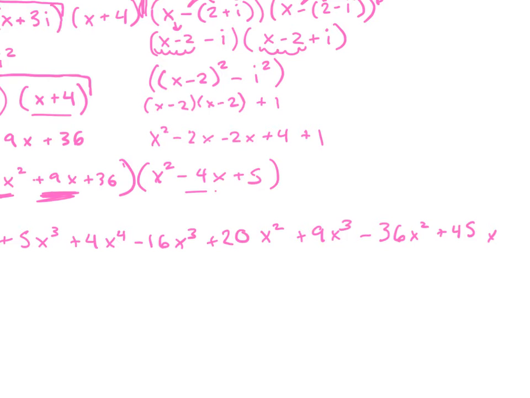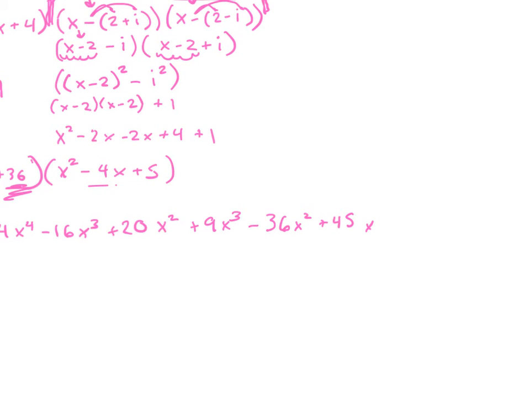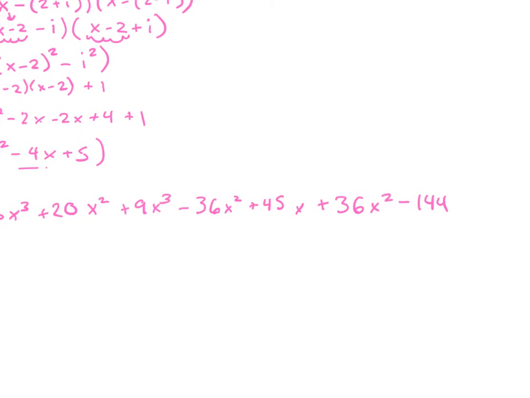So 36 times x squared is 36x squared. 36 times negative 4x would be negative 144x. And then 36 times 5 would be 180. So positive 180.